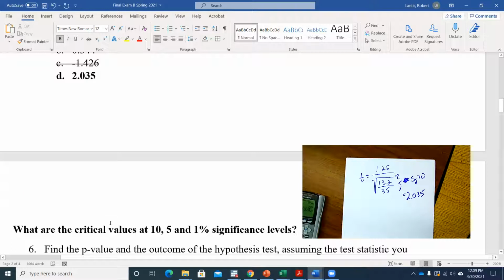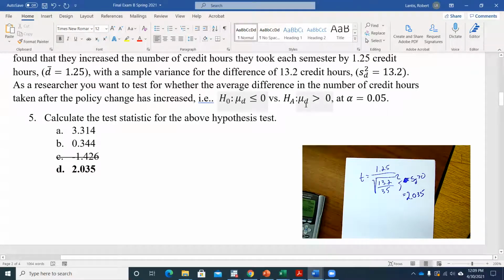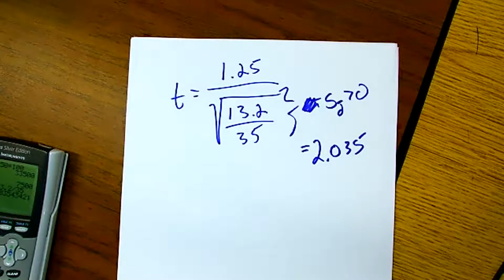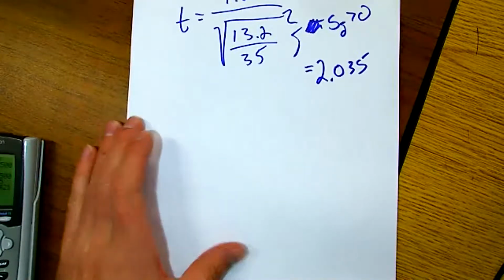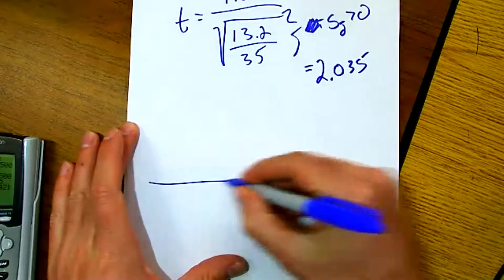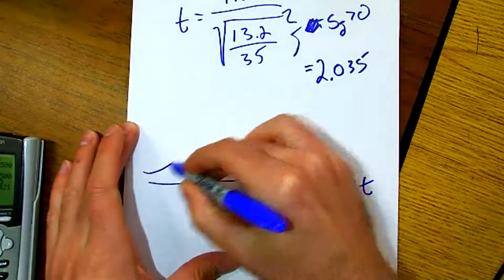I obviously don't have this one written up as a multiple choice response, but what we're thinking about is that I've got a right-tailed test. So in terms of my critical values, I'm looking at this student t distribution.